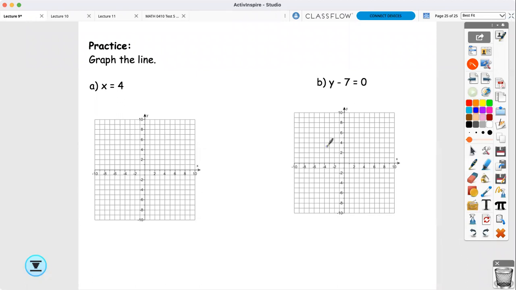All right, guys, last call. Anyone want to volunteer and tell me what they got for x equals 4 before I call on a random student?